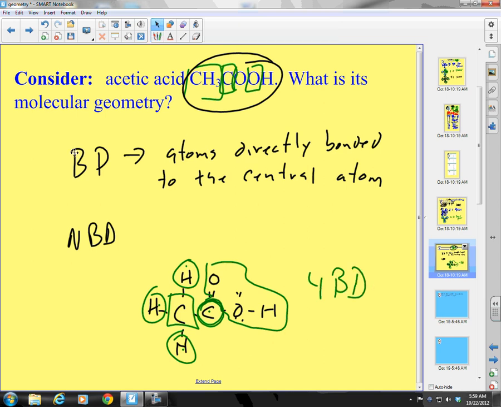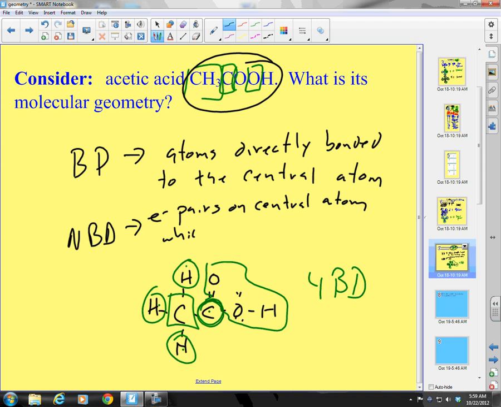Good. And then what are my non-bonding domains? They are electron pairs on the central atom which are not shared, or unshared electron pairs. So if we look at, for instance, this oxygen here, there's a hydrogen here and a carbon there.